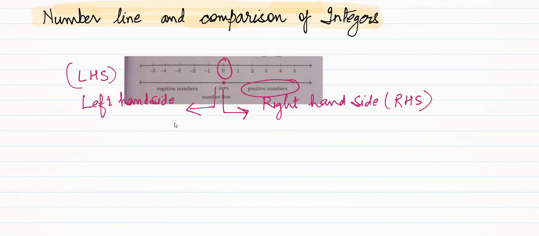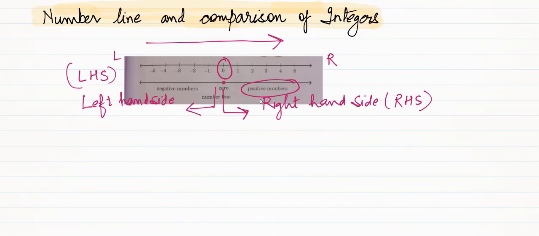The third thing we can say is that the numbers are arranged in ascending order. That is, they are written in increasing order from left to right. This is my left hand side and this is my right hand side. When you move from here to here, the numbers are increasing from left to right. Very important point. And the last one: every number is smaller than any other number on its right hand side.